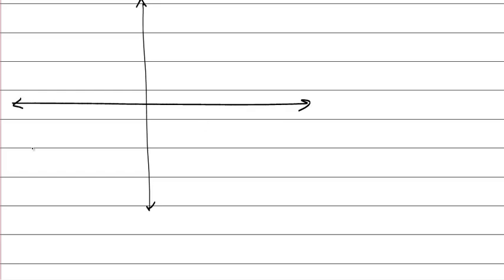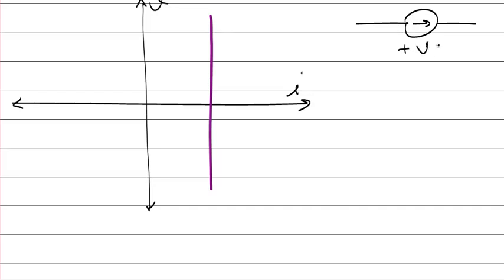If you draw the characteristic behavior of a current source, you will see something like that. This is current, this is voltage. The voltage of the current source changes, but its current is always fixed, constant.